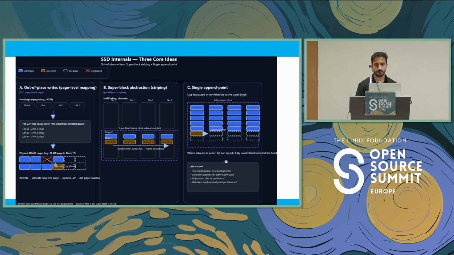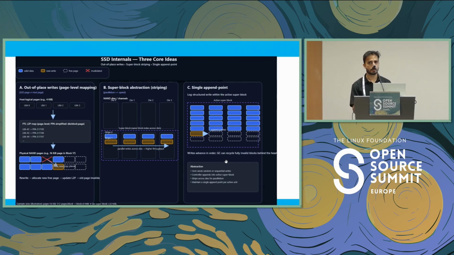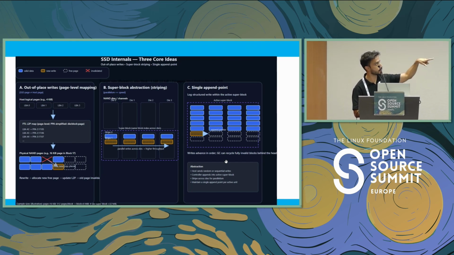And the last one here is a crucial point. For a particular superblock, we would be having a single append point. And generally, for the entire SSD, we would be having a single append point. This actually means that whatever you place, regardless of how you are placing it, is going to land into a single erase block. You can think of it like a pointer. It's going to move in a log-structured fashion.